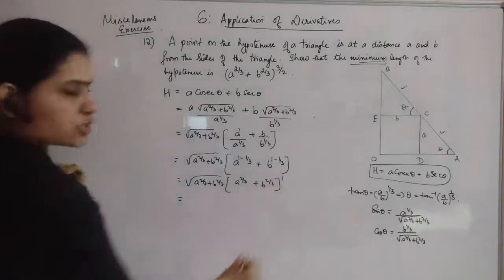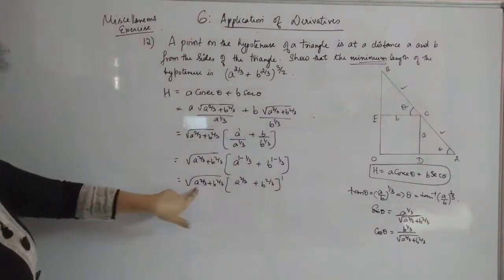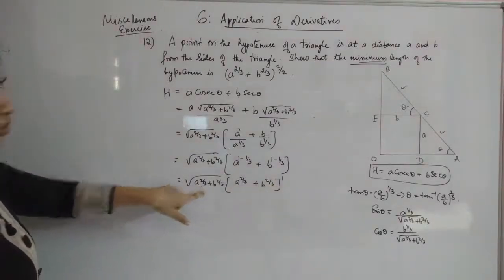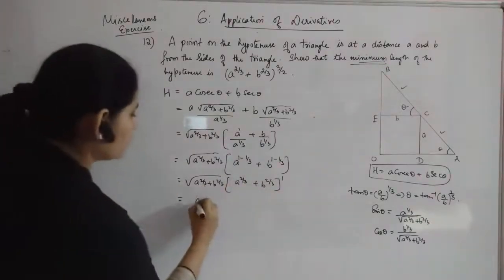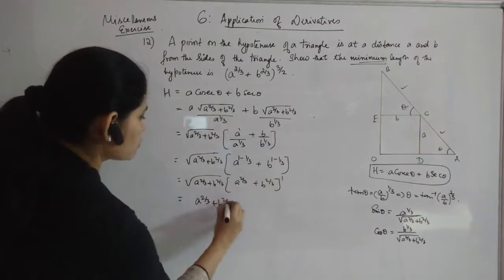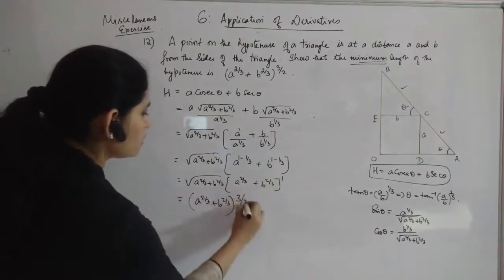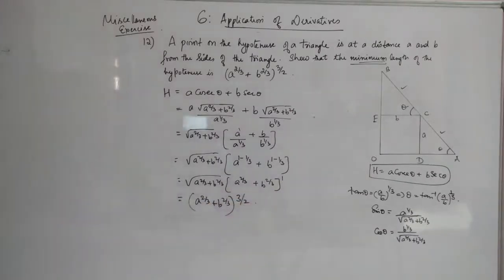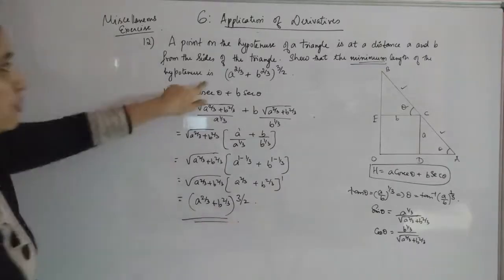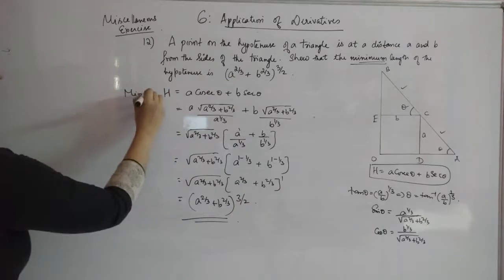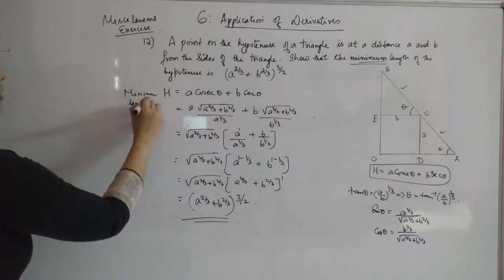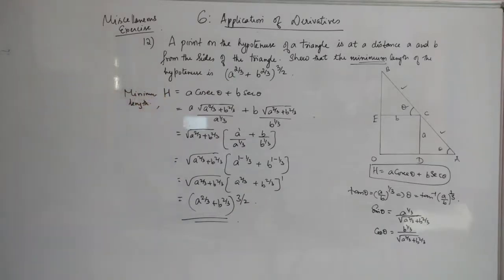That means its power is 1. This has the power as 1 by 2. So 1 plus 1 by 2 will give you A raised to 2 by 3 plus B raised to 2 by 3 whole raised to 3 by 2. Correct? So this is what you need to prove, that the minimum length which you are getting. So this is actually acting as the minimum length of the hypotenuse. The minimum length of the hypotenuse is this one.